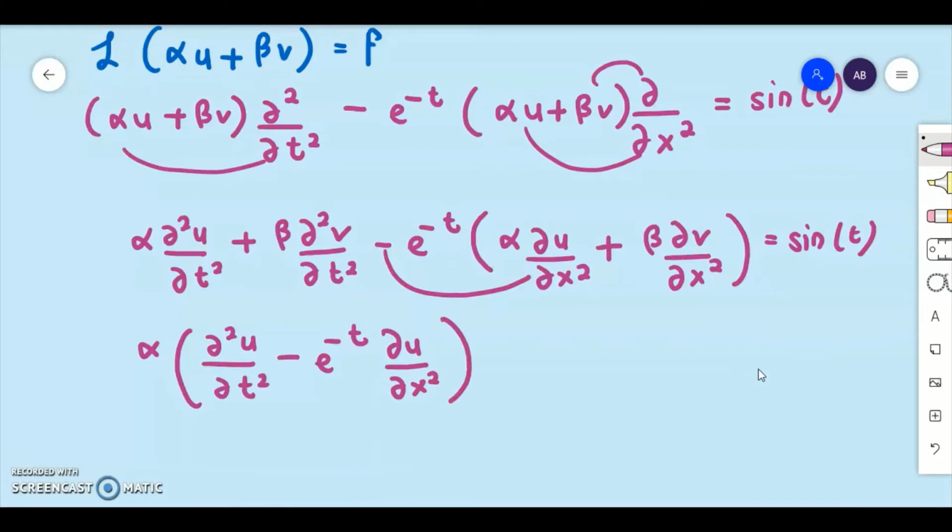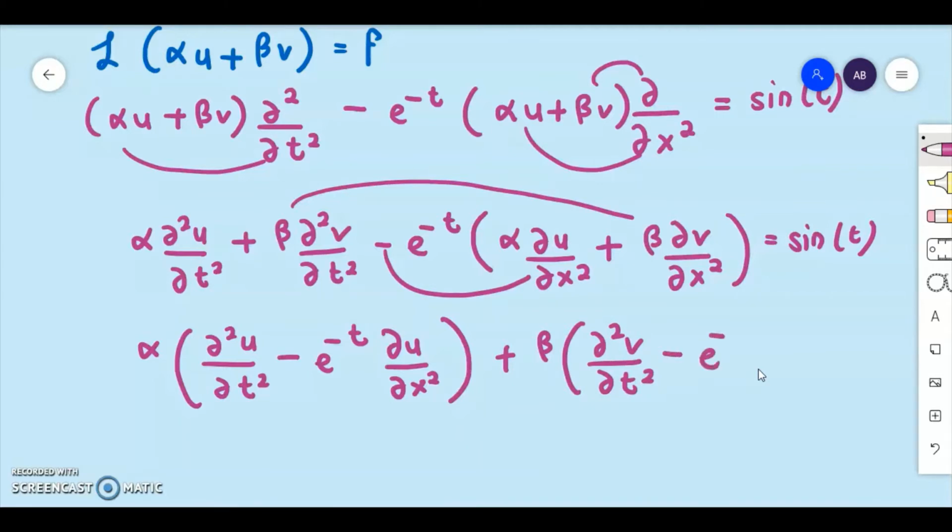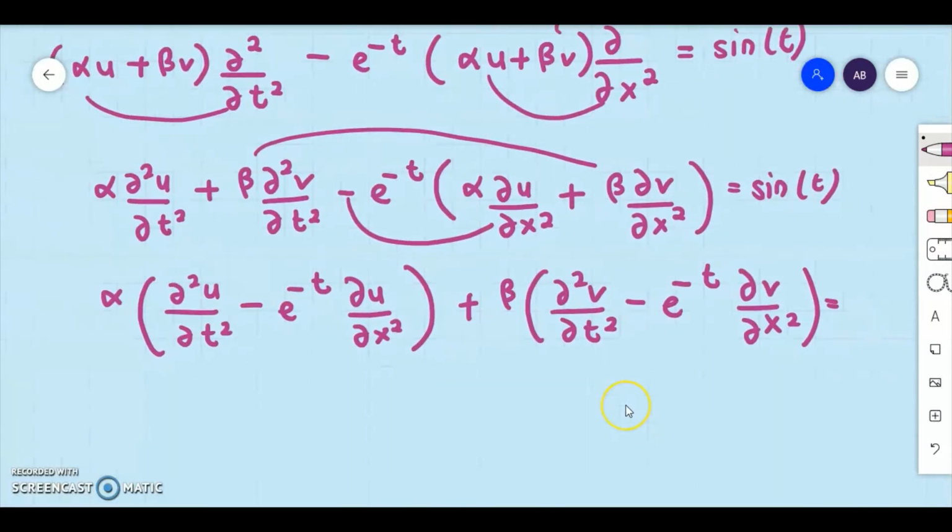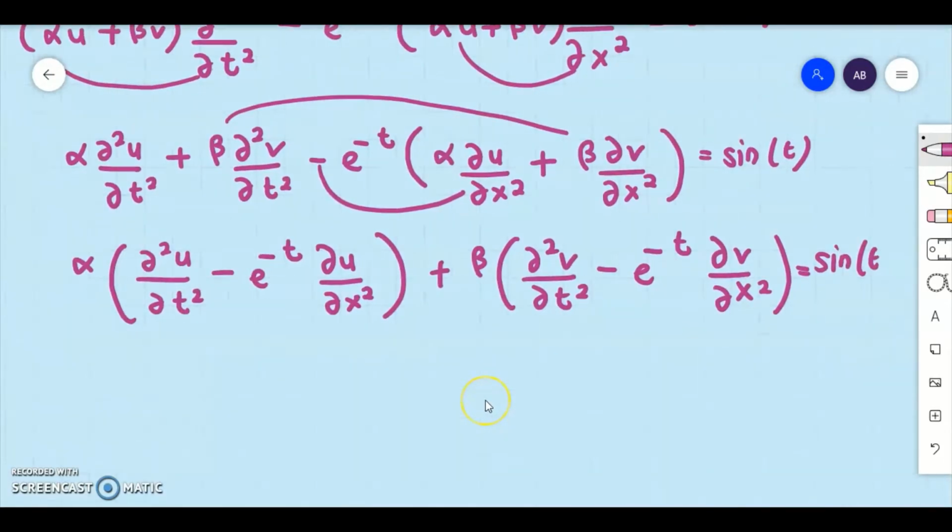And then similarly the term this and this, so I have plus beta, factoring beta, I have partial squared V over partial T squared, now minus e to the negative T partial V over partial x squared equals sine T.